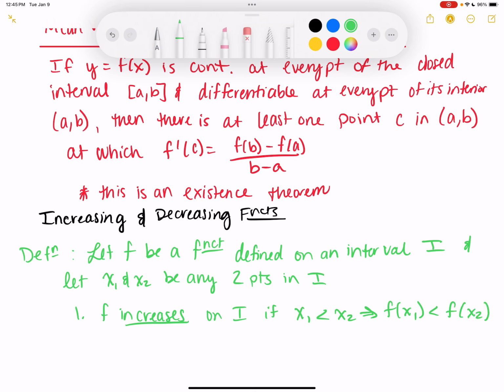So kind of just makes sense. And 2, f decreases on I, excuse me, if x1 is less than x2 implies f of x1 is greater than f of x2.